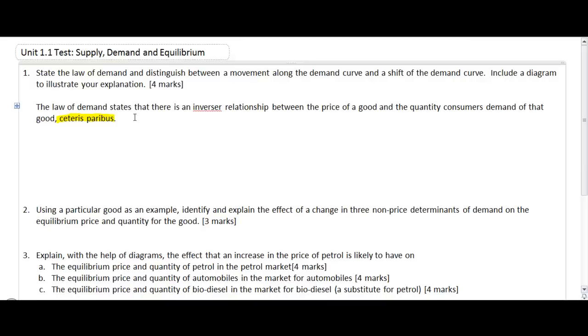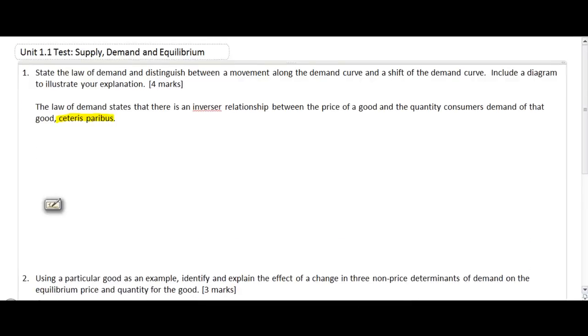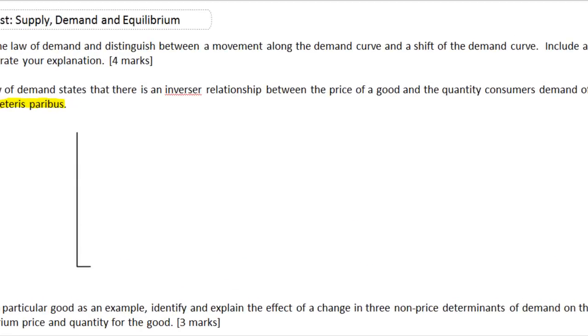So the next part of the question says, distinguish between a movement along a demand curve and a shift in a demand curve. For this, we're going to need to draw a demand diagram, which shows the relationship between the price of a good and the quantity demanded. A demand curve, reflecting the inverse relationship between price and quantity, is always downward sloping.